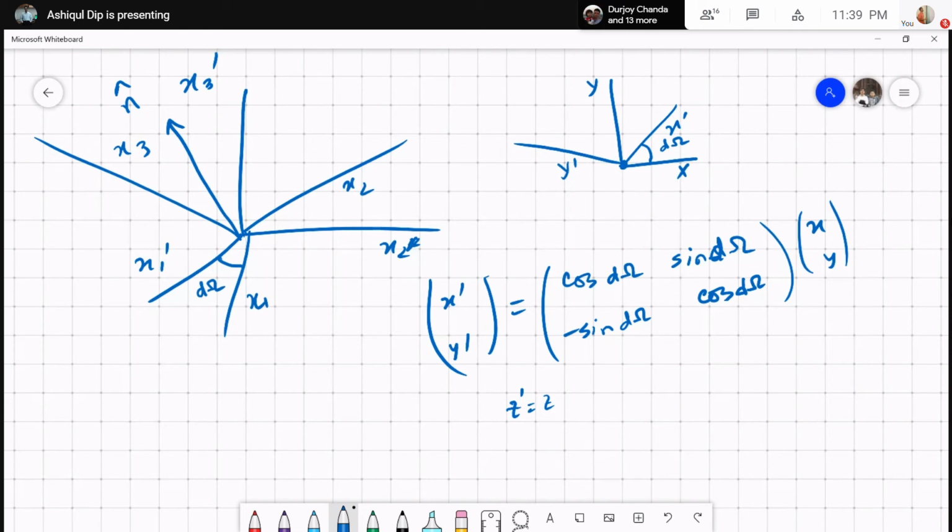We wrote this matrix earlier, so we are using it here. When d omega is really small, how much is cosine d omega? Approximately 1, right? And sine d omega is approximately just d omega. The other entry is negative d omega, and this again is 1.